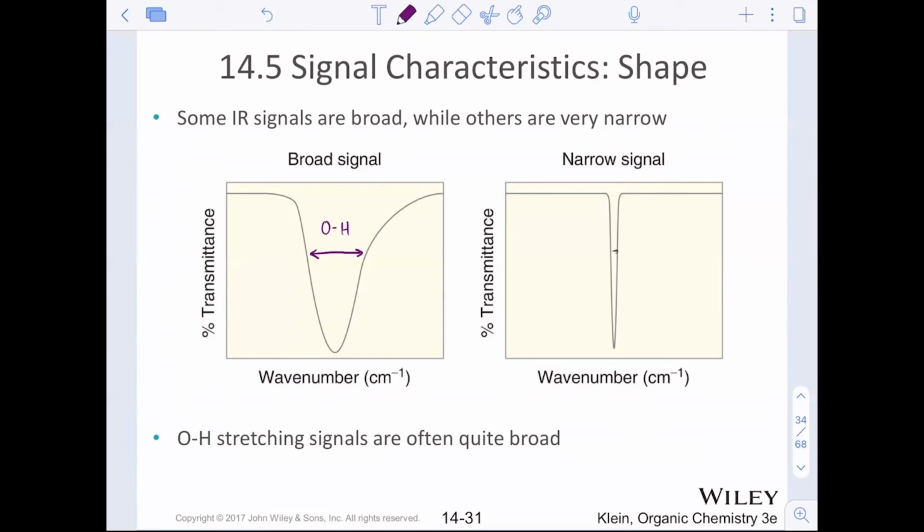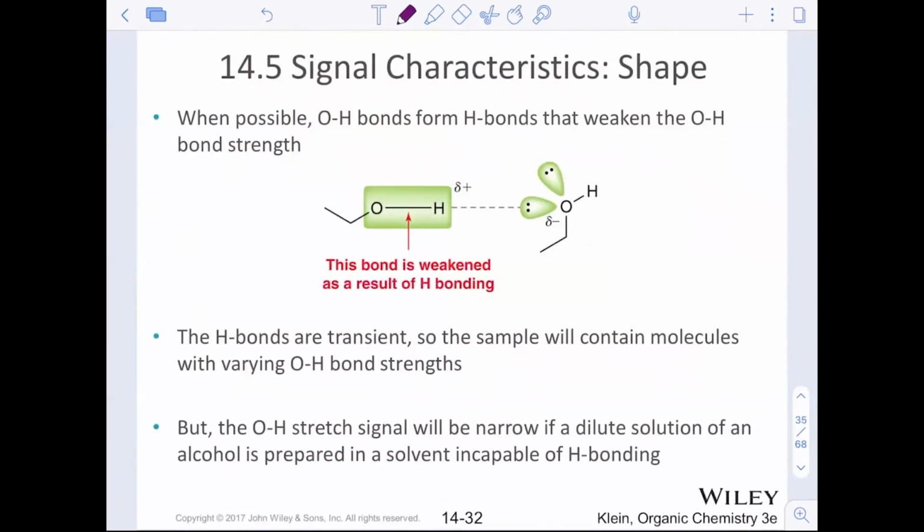Narrow signals are usually reserved for NHs, CHs, carbon-carbons, things like that. Why is the OH so special? You guessed it, hydrogen bonding. The hydrogen bonding that occurs actually lengthens this bond right here, that OH covalent bond. Now that is not an arrow for a dipole moment. This is a lengthening.